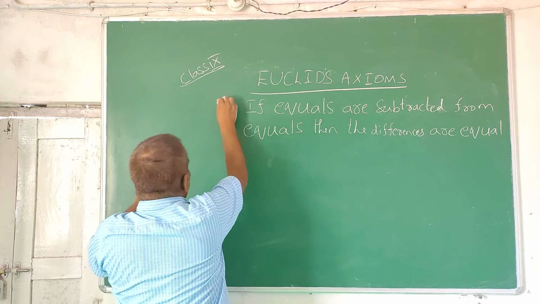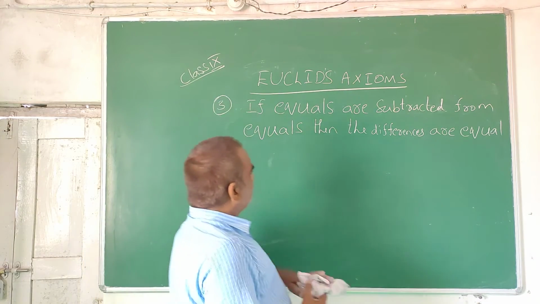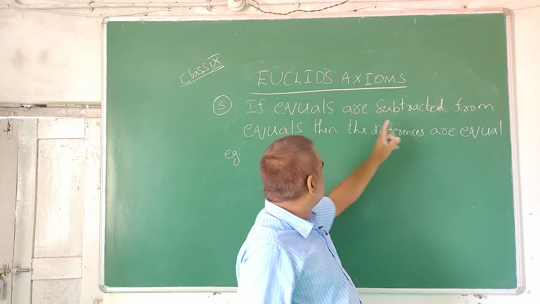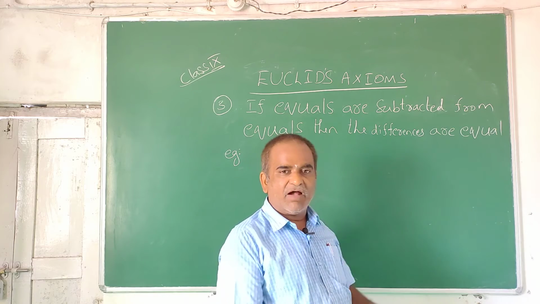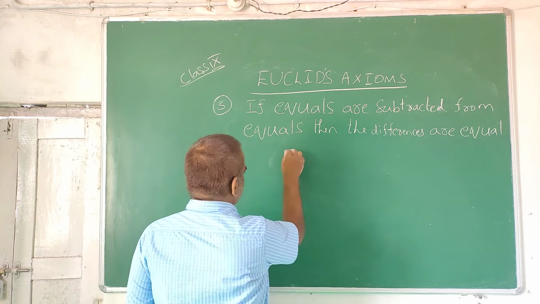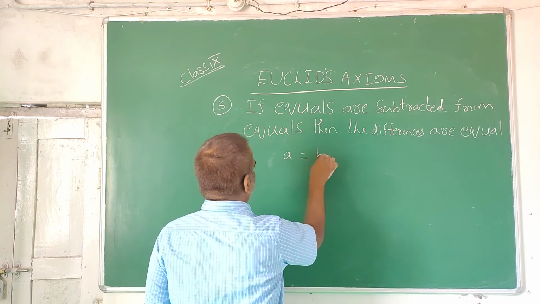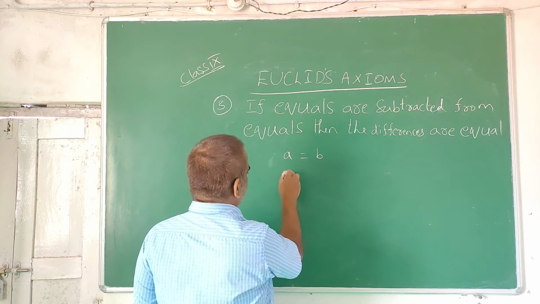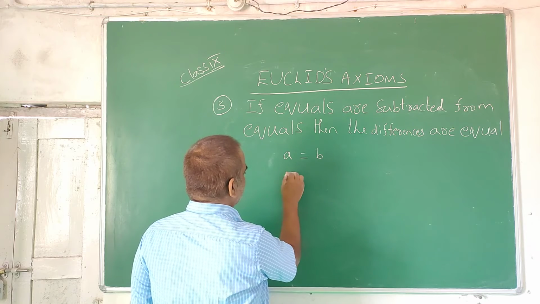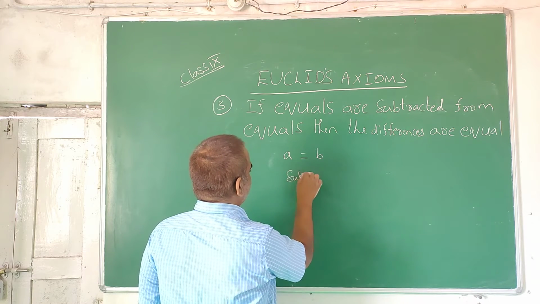Dear students, now Euclid's third axiom is: if equals are subtracted from equals, then the differences are equal. See, for example, A is equal to B. These are equals. Now let us subtract P from both sides.